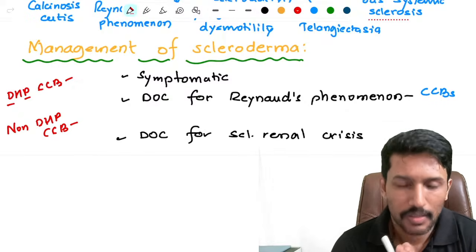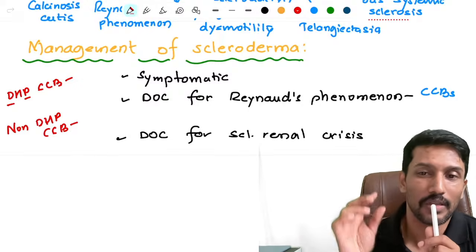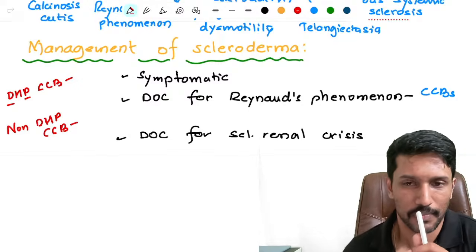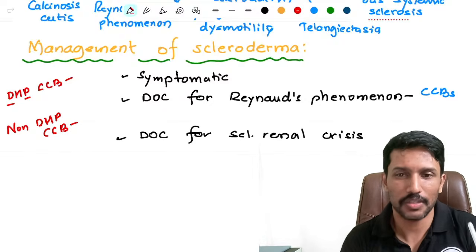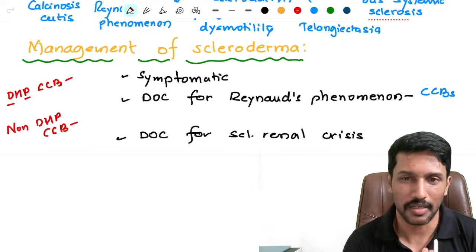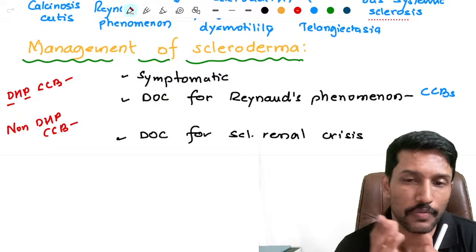Please remember, the dihydropyridine calcium channel blockers have minimal influence on the cardiac conducting system. They have a major influence only on the blood vessels. So they will cause vasodilatation, decrease your BP, and they can treat your Raynaud's phenomenon, but they will not alter the conducting system of the heart.